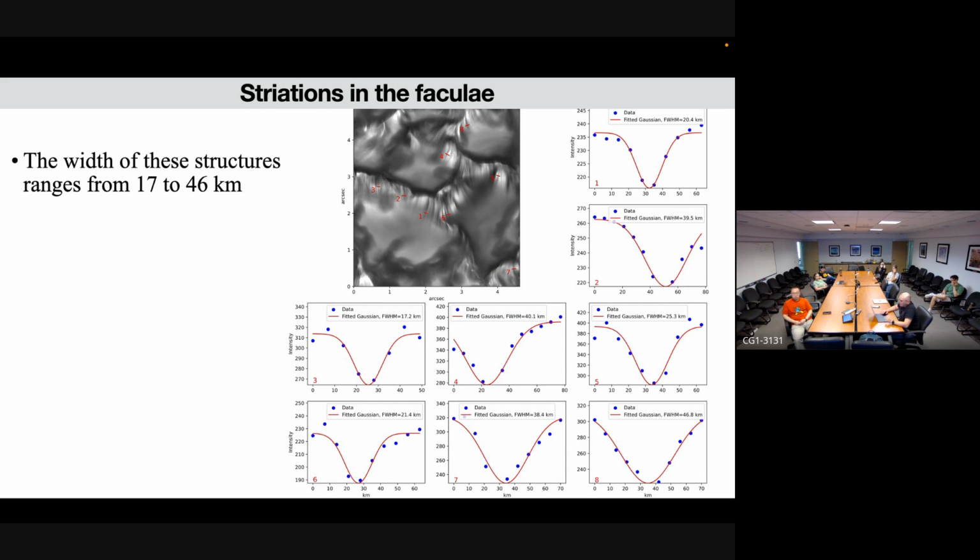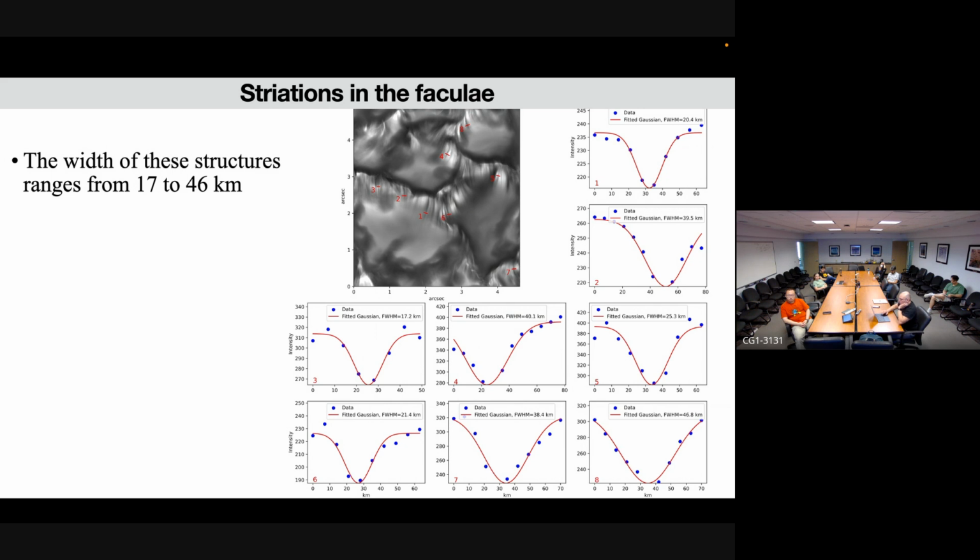Then we measured the widths of the structures in the synthetic images, and they are very similar to the observed ones. The smallest-scale striations have something like 17 kilometer widths, which is again the smallest scale we can measure in this 7 kilometer grid spacing simulation.